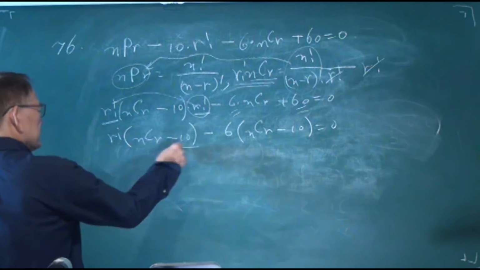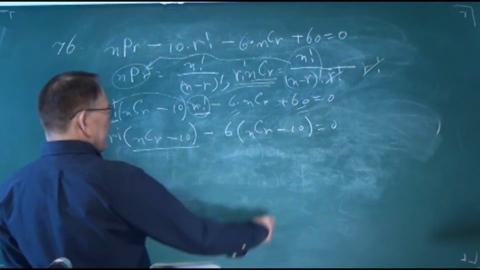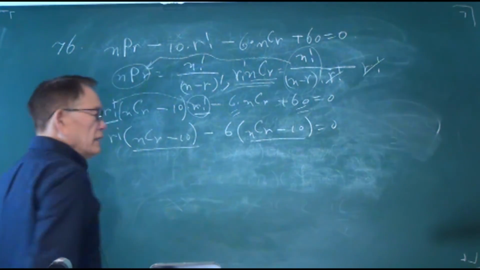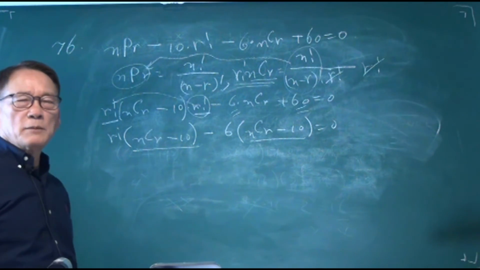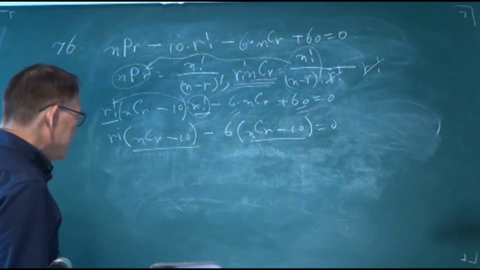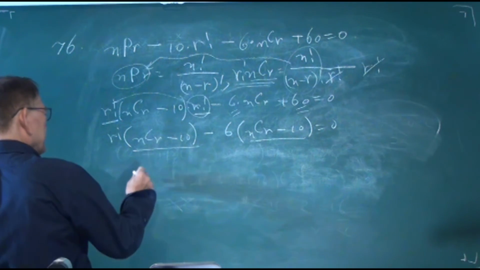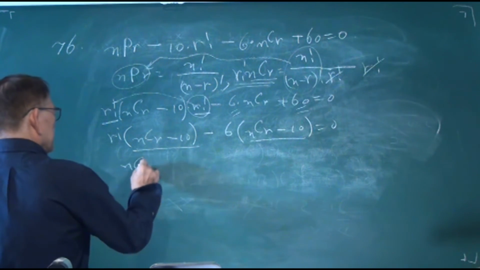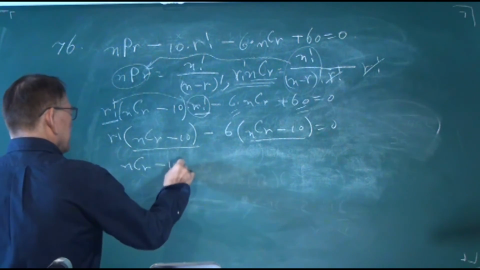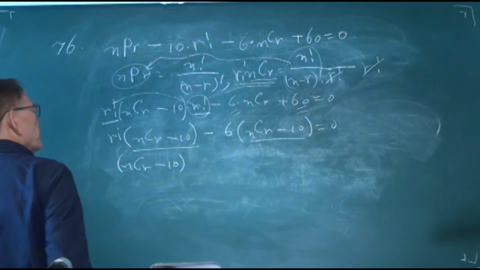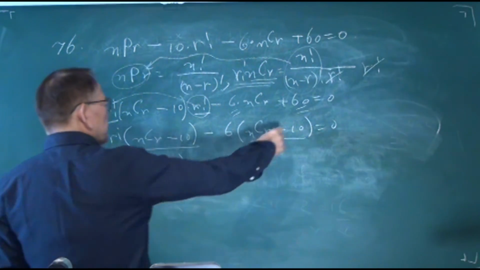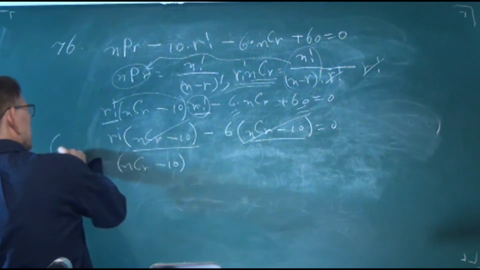Now we can see nCr minus 10 is a common factor. So we take this one outside, and nCr minus 10 comes out here.